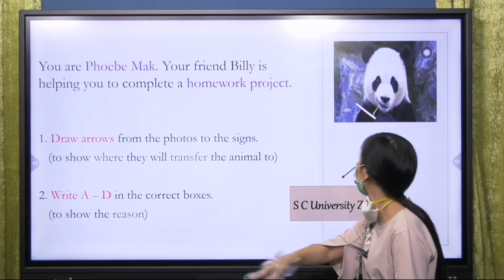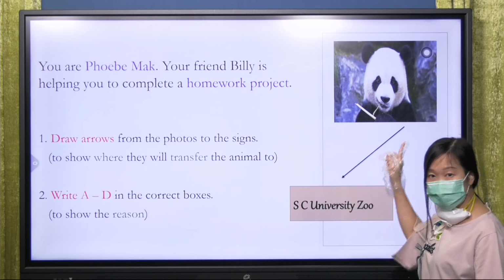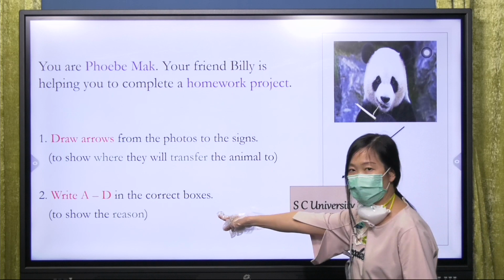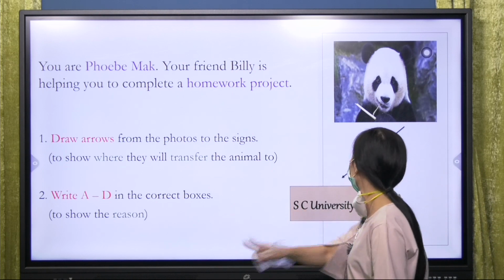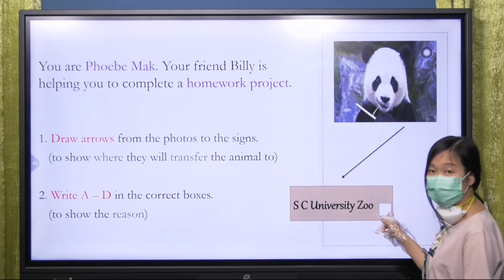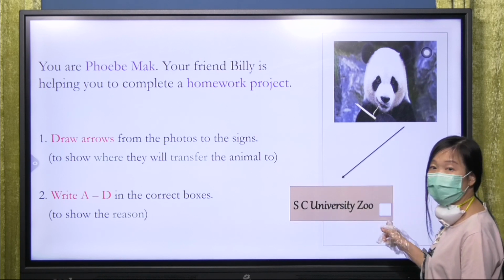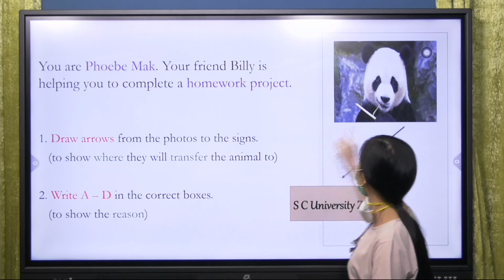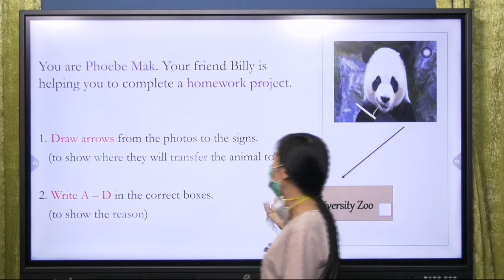What you need to do, draw an arrow. The number 1 thing that you need to do. And the second thing is the box. You need to write A, B, C, D, E, any one of them, right, in the box to show the reason. And this to show where they will transfer the animal to.